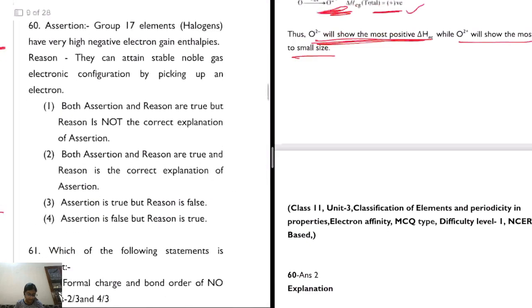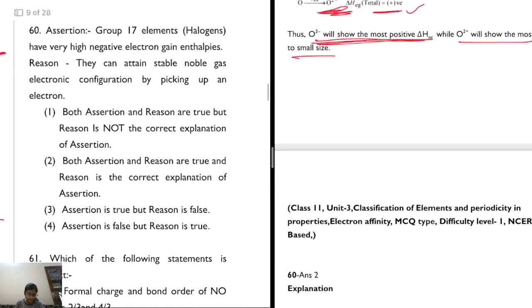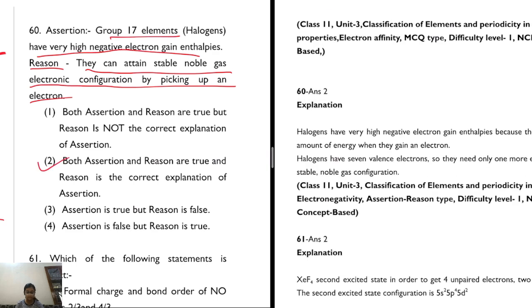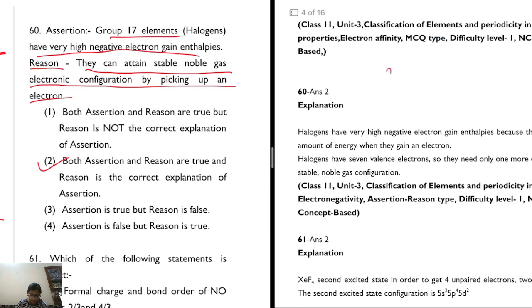Yeah, so this assertion says group 17 elements have high negative electron gain enthalpy, and the reason is they can attain stable noble gas configuration by gaining an electron. So, see, both of these are true. The reason would be the correct explanation. Let's see why. See, in case of halogen, the outer shell has 7 electrons.